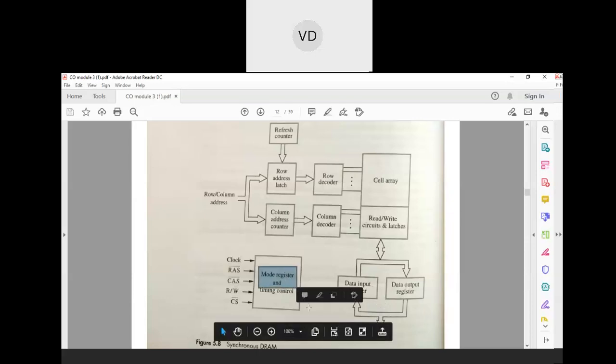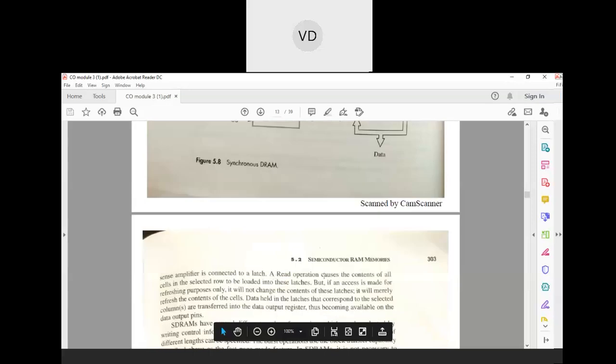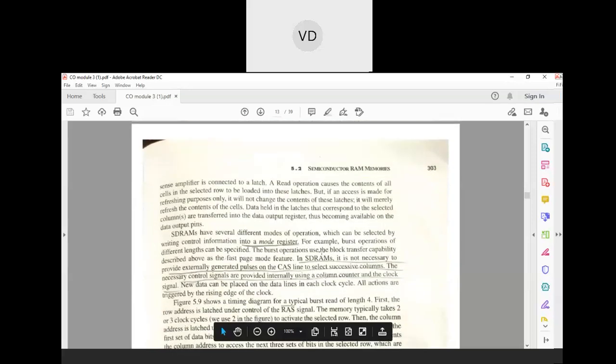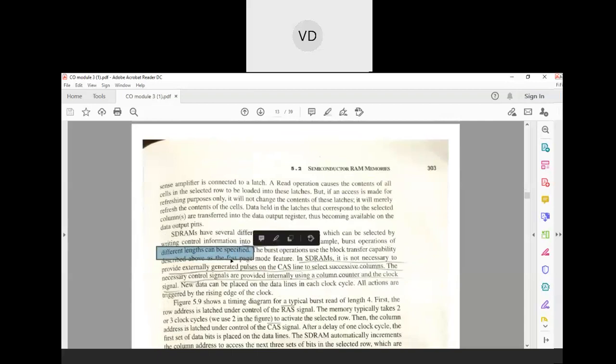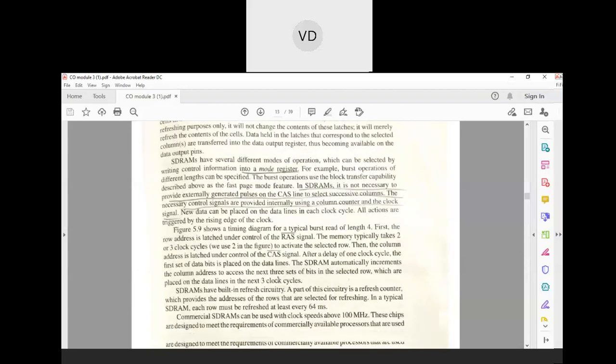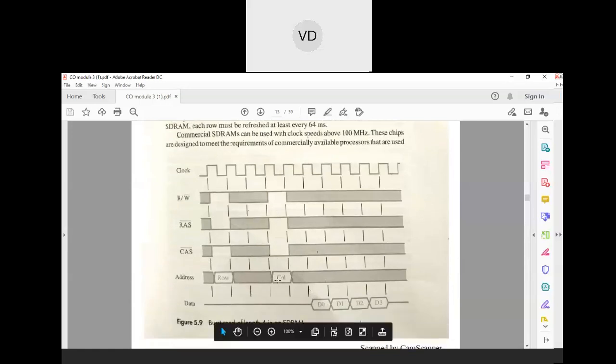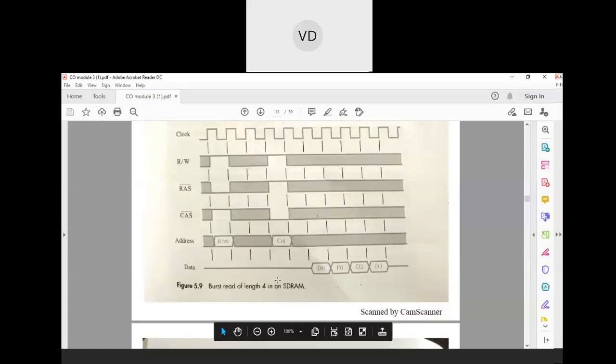So the mode register indicates how much you are going to transfer. Burst operations of different lengths can be specified. We are having variable length blocks. So the length of the block which we are going to transfer, we specify in this mode register. So this is how the working of synchronous dynamic RAMs takes place.